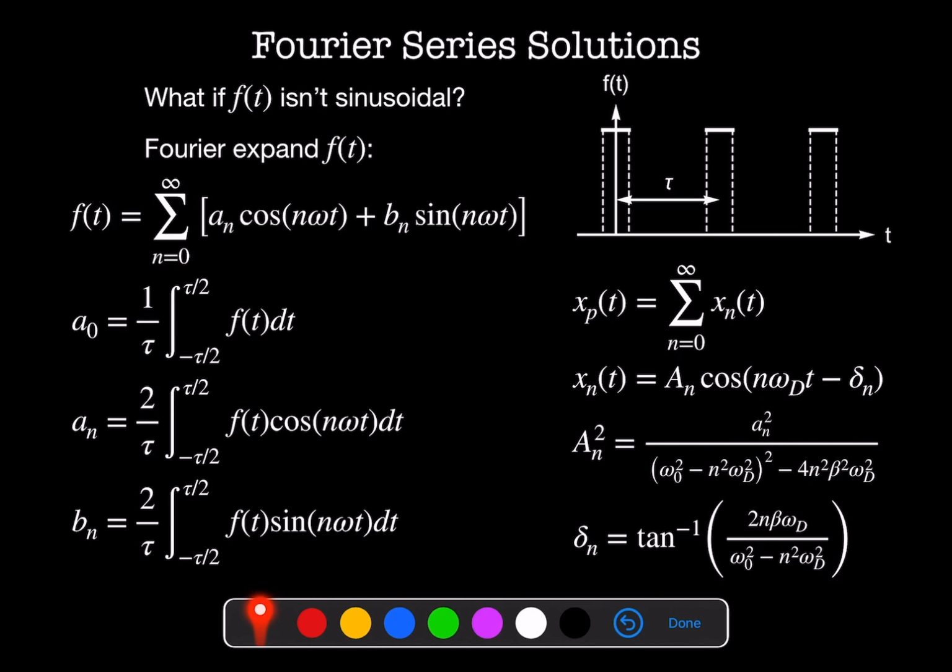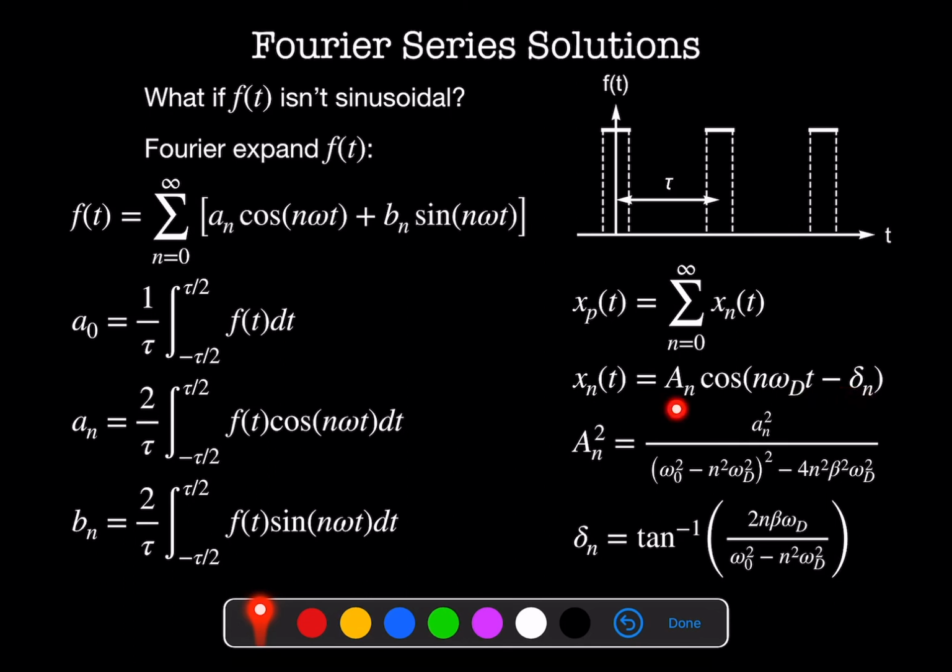So basically there's an x0 term that's going to be related to the constant term here. And then there's an x1 term that'll have a cosine piece and a sine piece, and so on and so forth. x_n of t is equal to A_n cosine(n omega_d t minus delta_n).